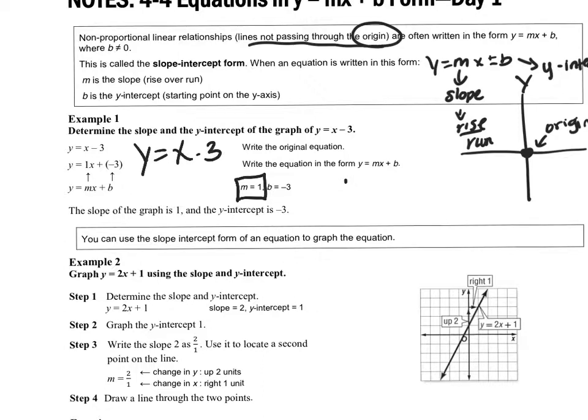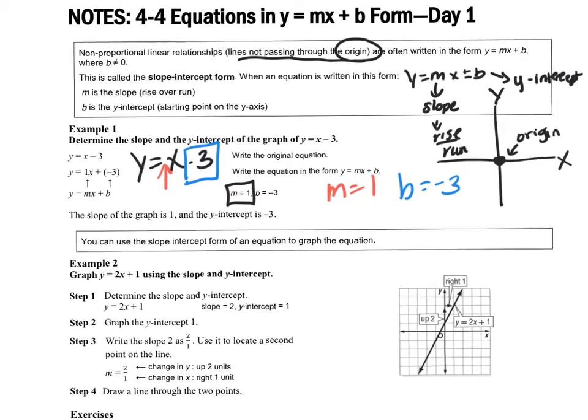If we don't have anything in front of the x, there's an unwritten 1 there. So our m is 1. And our b is whatever sign is in front of it goes with it, so our b is negative 3. It's all written on there. I left the notes this time in case you wanted to look back over it.